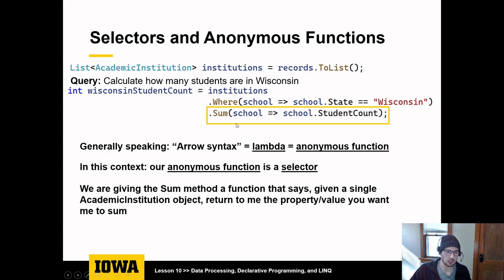Again, it's another anonymous function where, given a school, we return the value on that school that we actually want to sum. This type of anonymous function is generally referred to as a selector. Think about it like this: given a school, select the actual thing about the school that you want. In the scenario of summing student counts, the thing we want to select is the student count. So that's a selector.